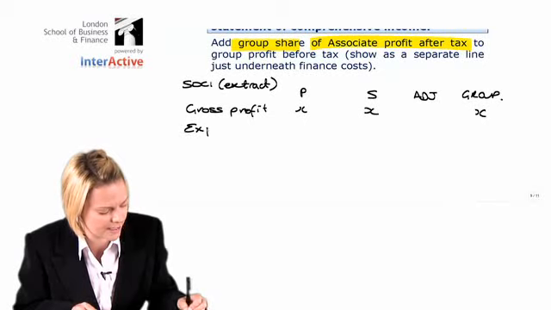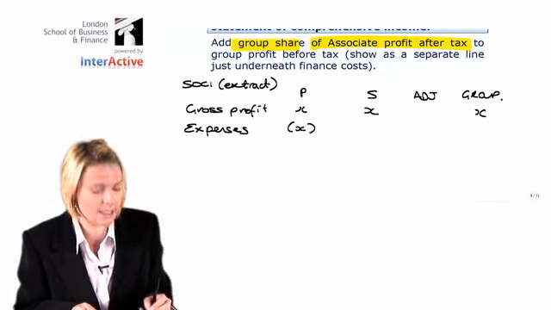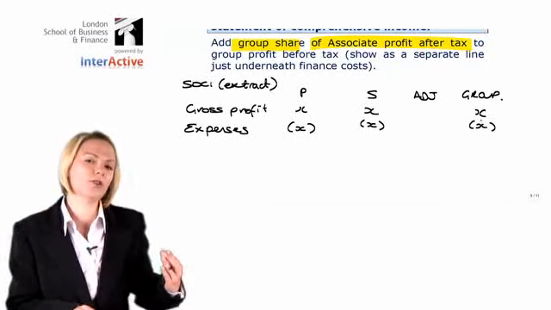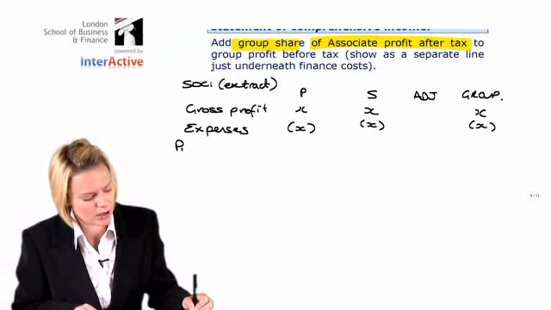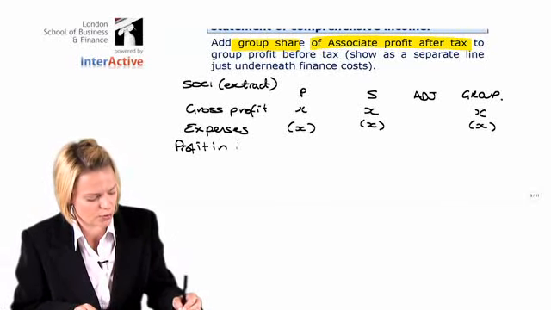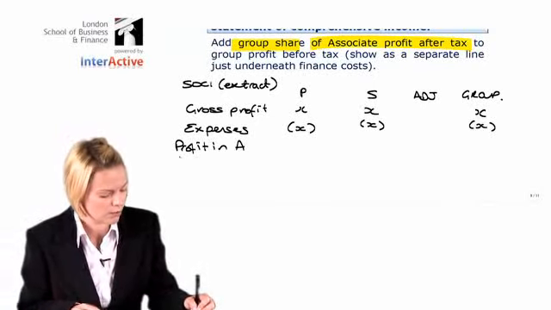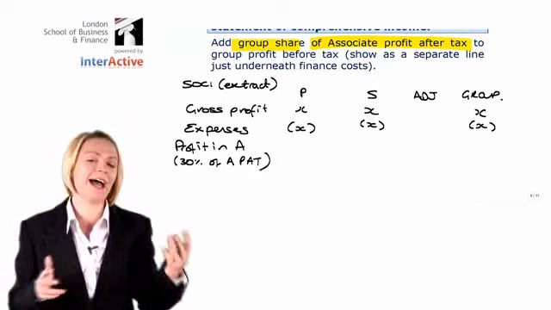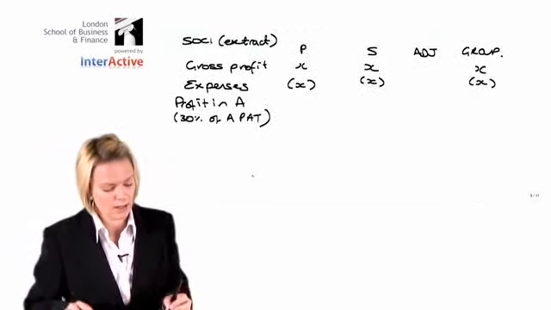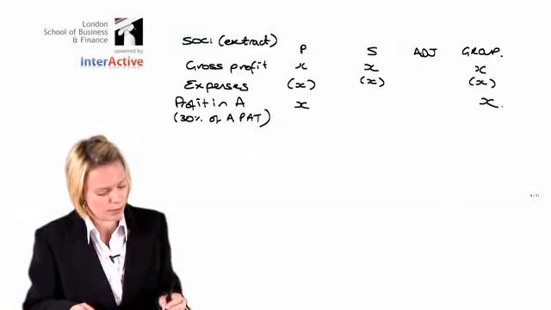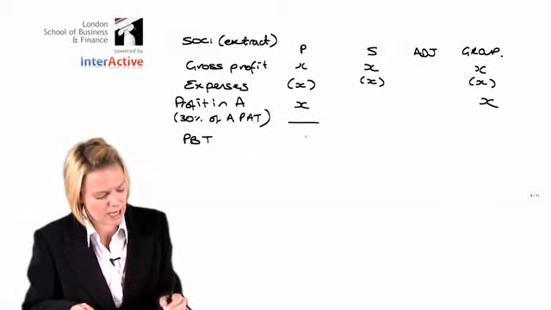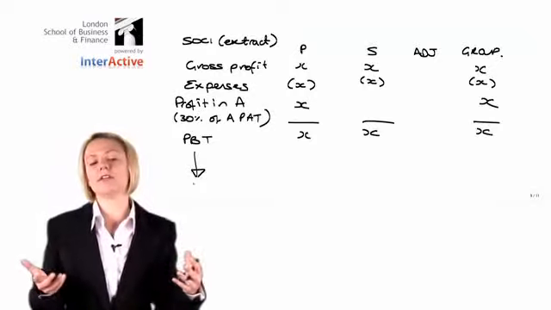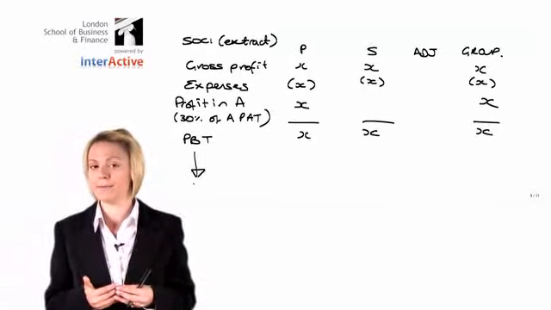You would then have some other expenses, so admin expenses, distribution costs or finance costs. And just before you get to profit after tax, you add in a line called profit in associate, or profit in A, and we would take 30% of the associate's profit after tax, or PAT, profit for the year. Add that to the parent's column and to the group. That will give you profit before tax, parent, sub and group, and then you would carry on: tax, profit for the year, and then do the split.